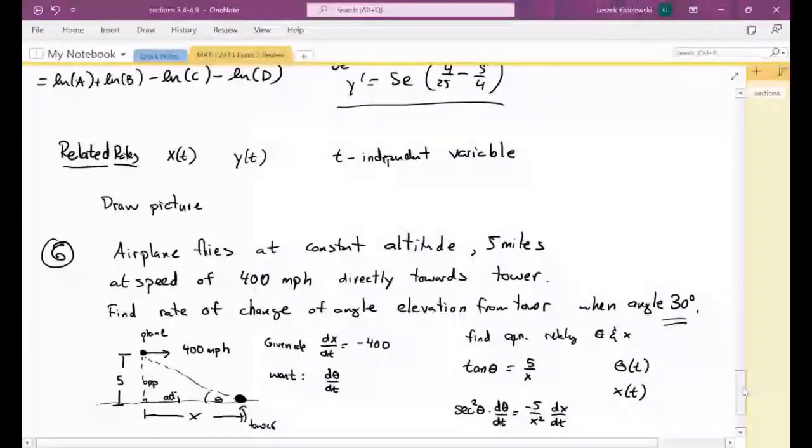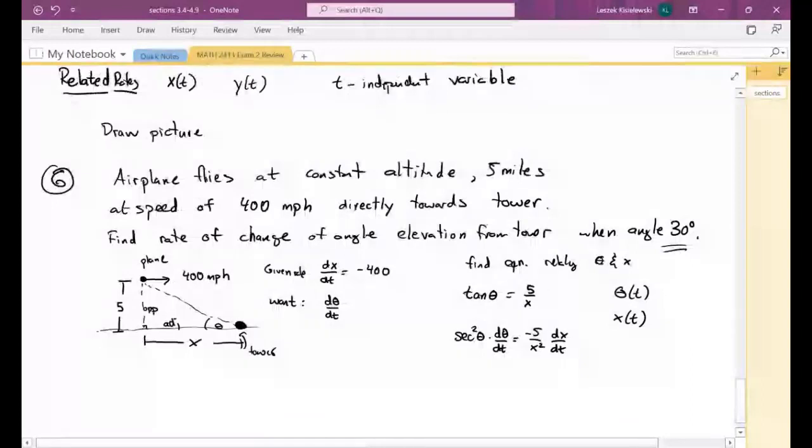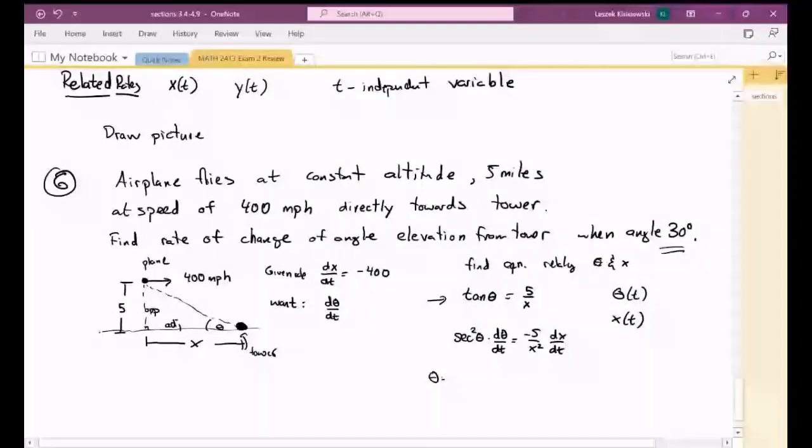Okay. So we got a picture, we wrote down an equation relating the variables whose rates we want to relate, and then we differentiate everything with respect to t. Okay, and they said the angle is 30 degrees. That's interesting. So we know theta. I'm just going to write theta in radians.